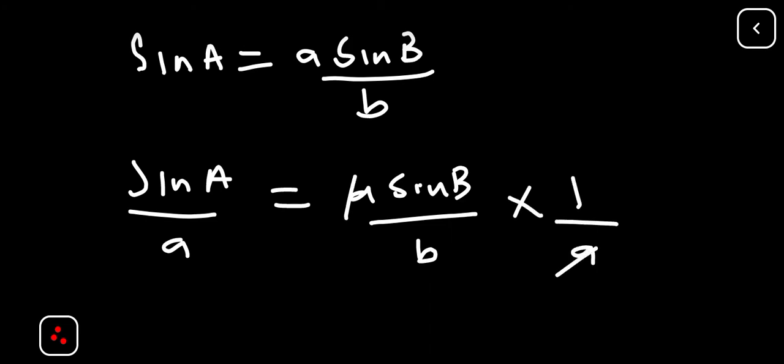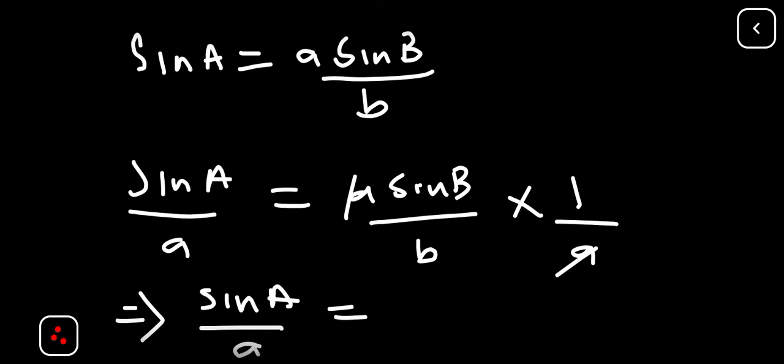So this will cancel this, and then you have your answer finally as sine A over A is equal to sine B over B.